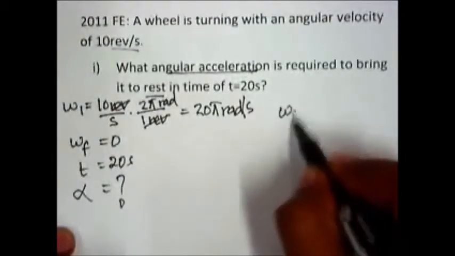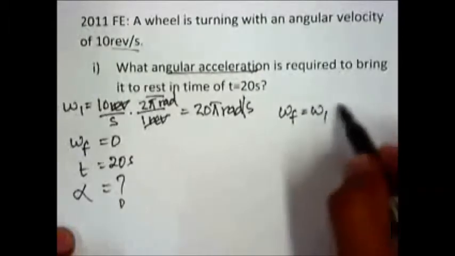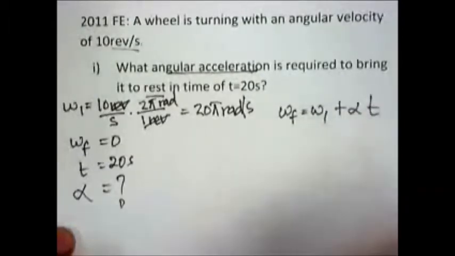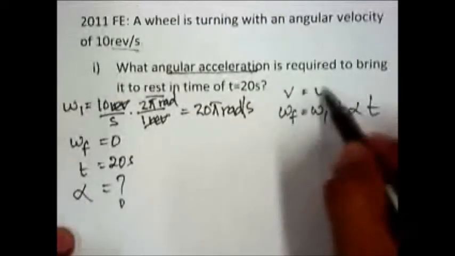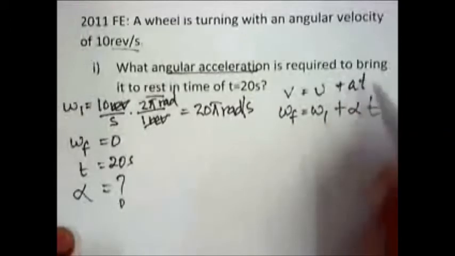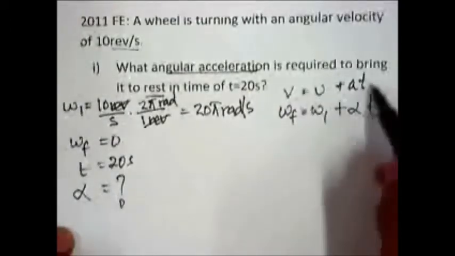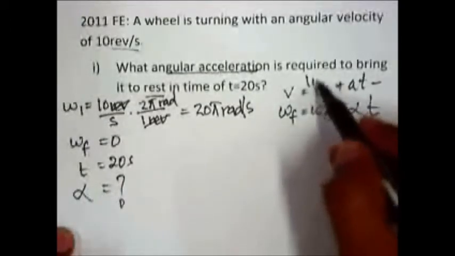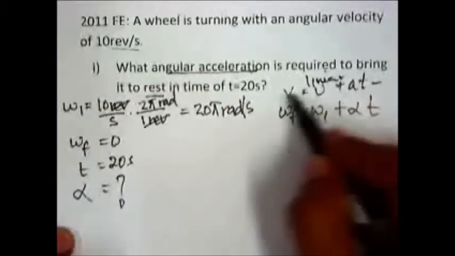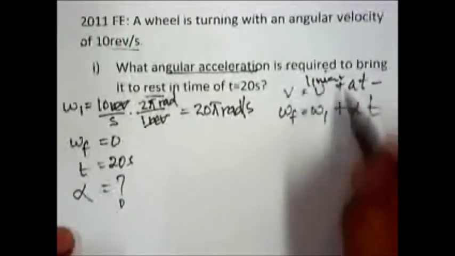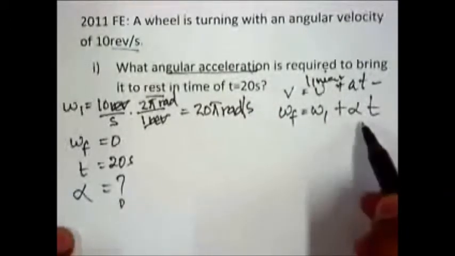It's omega f is equal to omega i plus alpha t. Make sure when you're doing rotational, you don't write v is equal to u plus at. You only use that in linear motion.